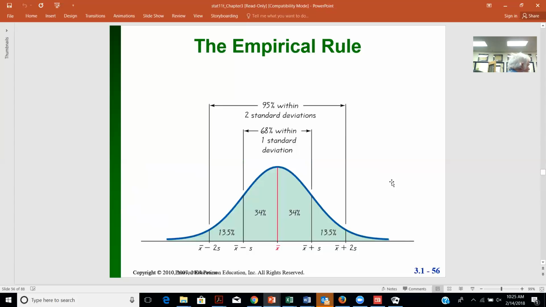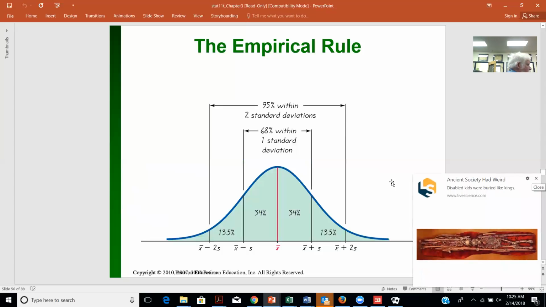But anything that is more than 2 standard deviations, either positively or negatively, from the middle of the data set, which is defined as the peak of this curve, anything that falls outside 2 standard deviations is considered outside the norm. In other words, it's outside the expected set of data.